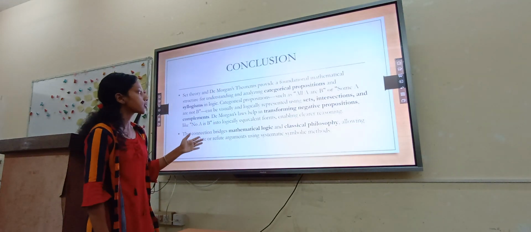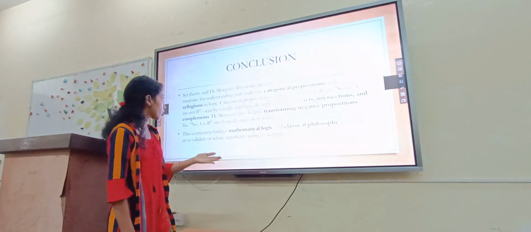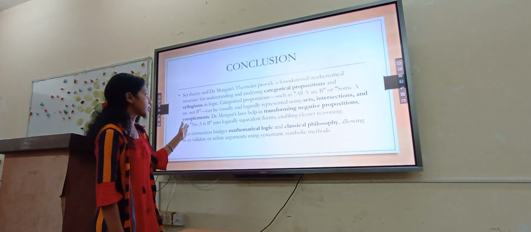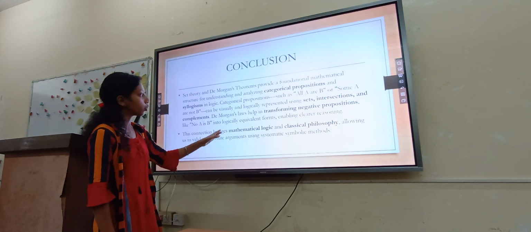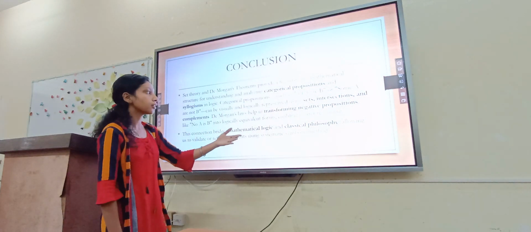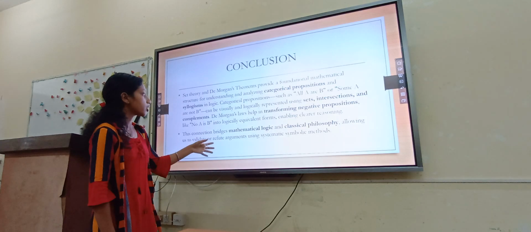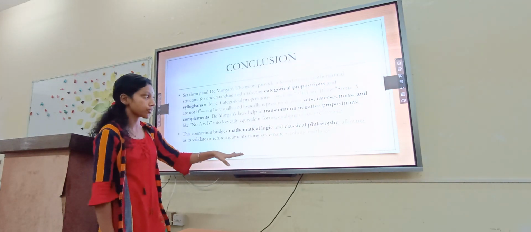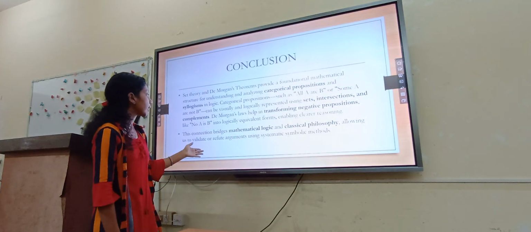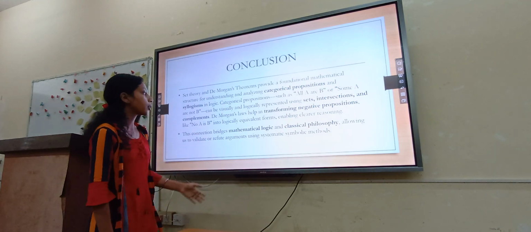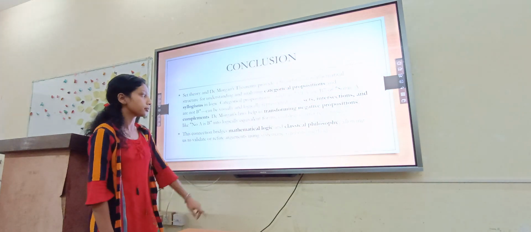De Morgan's laws help in transforming negative propositions like no A is B into logically equivalent forms, enabling clearer reasoning. This connection bridges mathematical logic and classical philosophy, allowing us to validate or refute arguments using systematic symbolic methods.